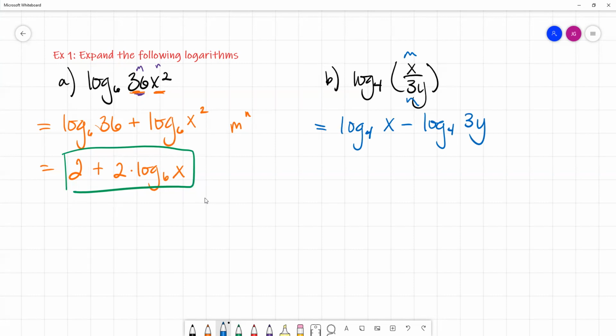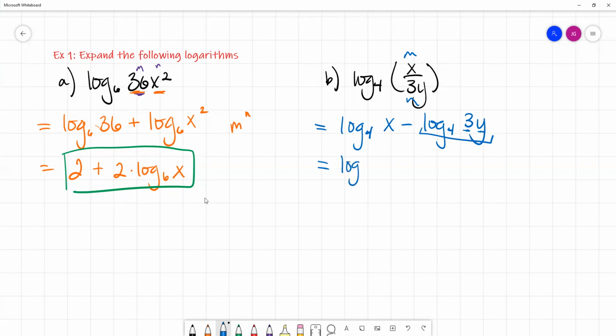Can I simplify this one? No, because it's x. I don't know what x is, right? Well, the second one, yes, I have 3 times y. So I can split this logarithm up into 2. One thing you want to be careful of is that this logarithm is being subtracted. So if I separate this log into 2 logs, I'll need to make sure it's in parentheses because this negative will apply to both logs in that parentheses.